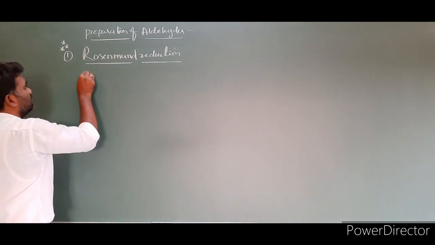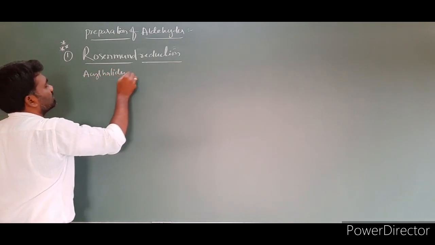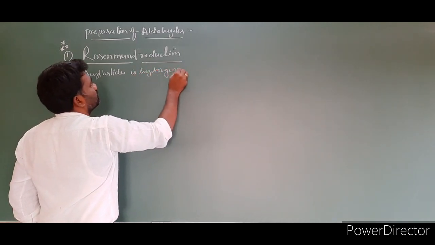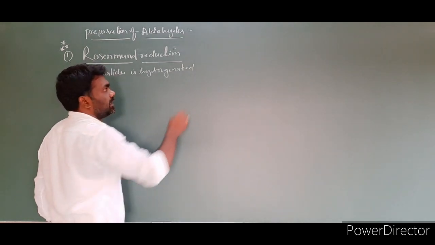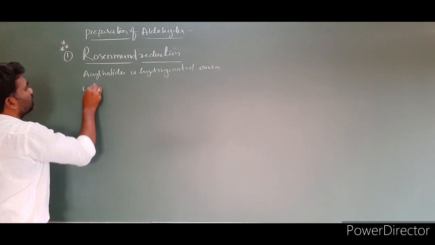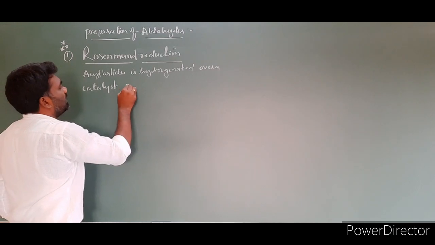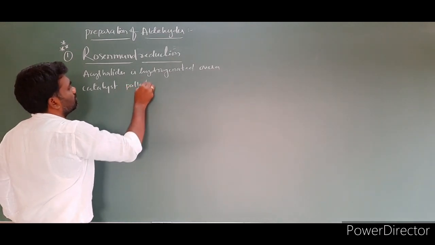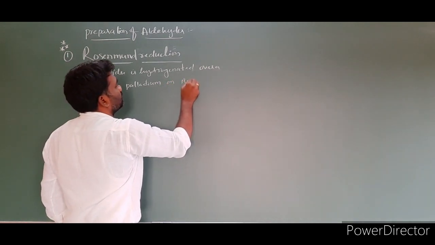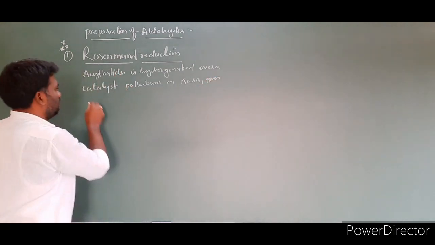Let us write the statement. Acyl halide is hydrogenated over a catalyst, palladium on barium sulfate, gives aldehydes.